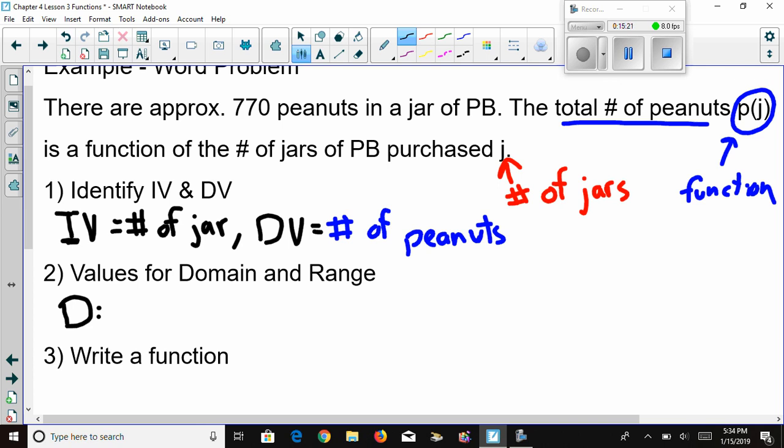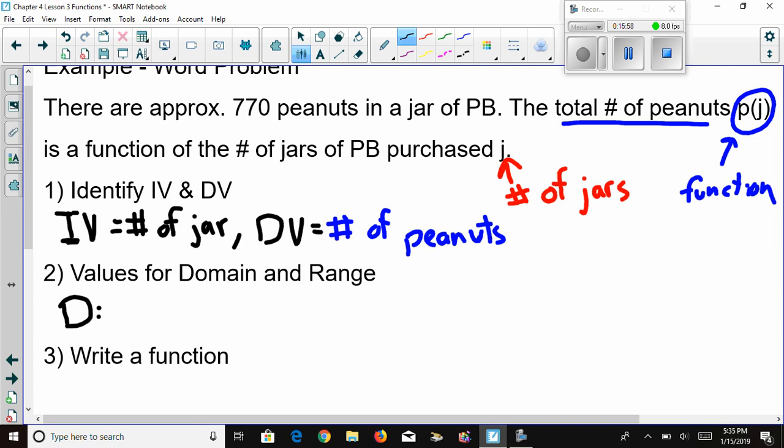With jars of peanut butter, if I'm going to look at my list of real numbers, which has negatives and 0 and positives, am I going to have any negative jars of peanut butter? I will not. But I could have anywhere from 0 jars of peanut butter up to infinite jars of peanut butter.